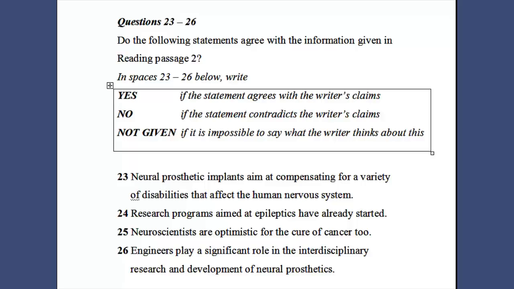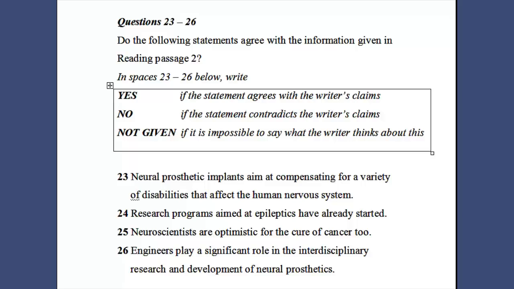Also, keep in mind that the statements will be in the same order as the information given in the text. Again, underline keywords, or better yet, words and phrases that cannot be paraphrased. For example, here in question 23, the phrase neural prosthetic implants, well, it seems like scientific and medical terminology.